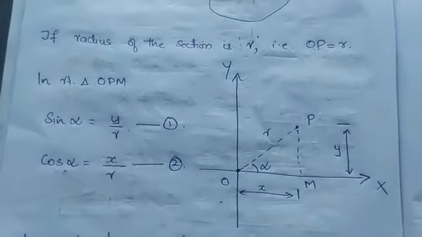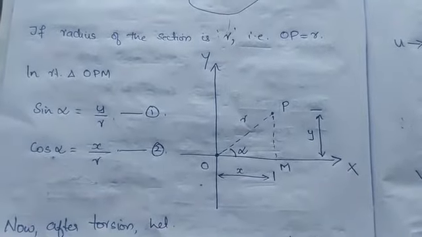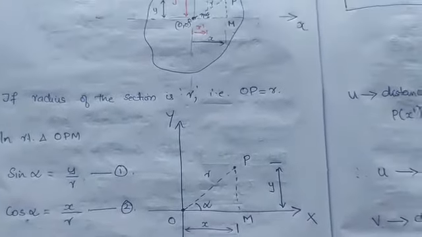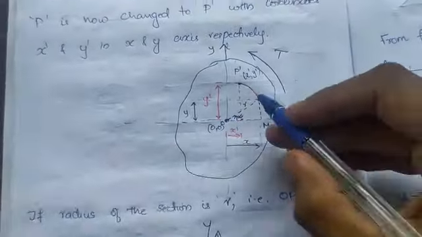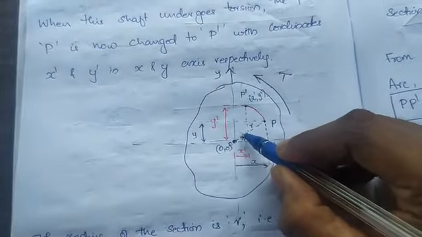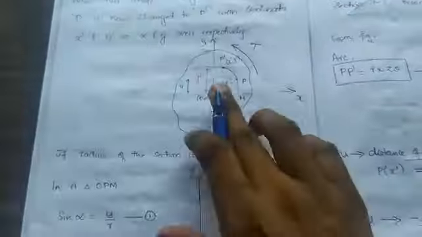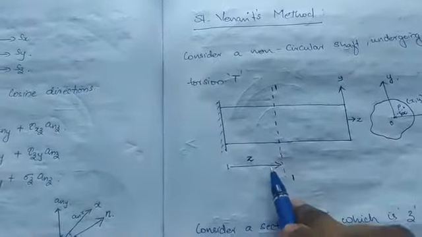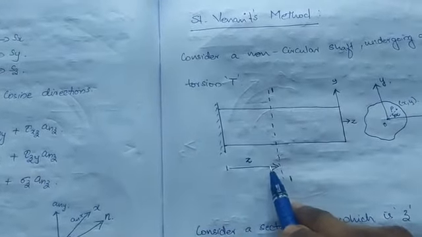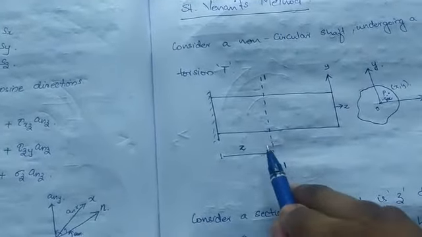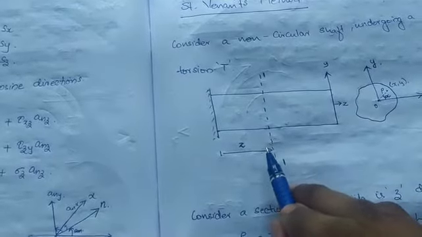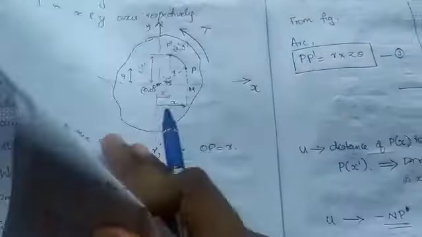Now if I am applying the angle of twist per unit length as theta, and this section is at a distance z, then per unit length means into z. It is at a distance of z, right?